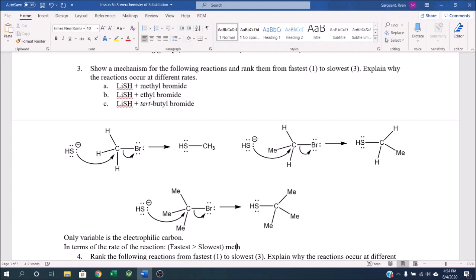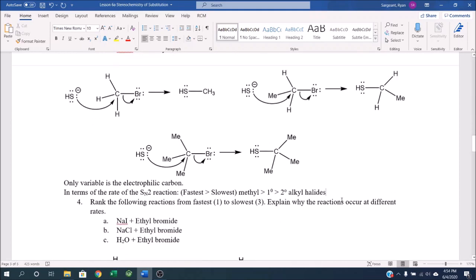We find that methyl is faster than primary alkyl halides, and that's faster than secondary alkyl halides. Well, tertiary alkyl halides don't undergo an SN2 reaction. We'll see later on that SN1 is what applies to tertiary alkyl halides, and so we're not going to put in tertiary yet.